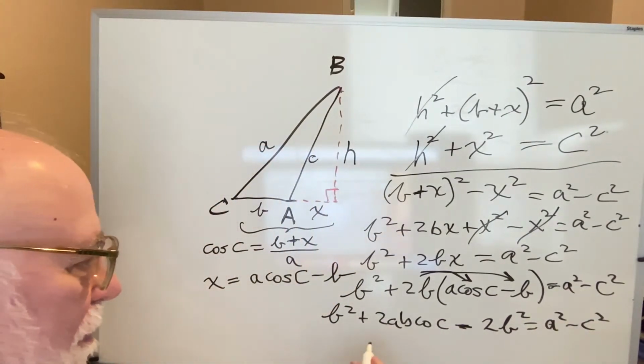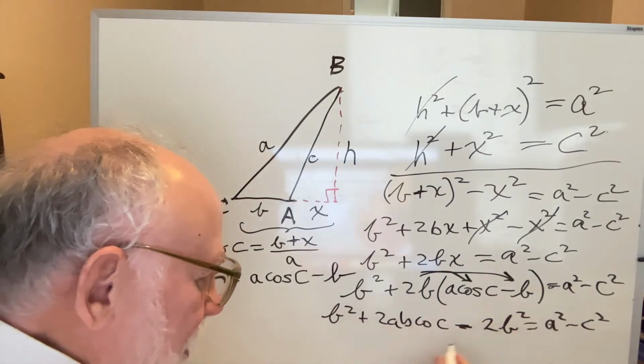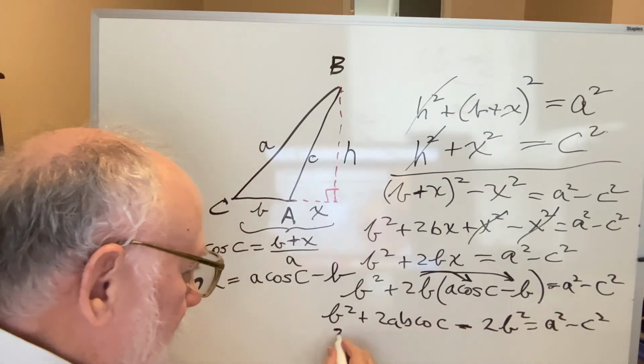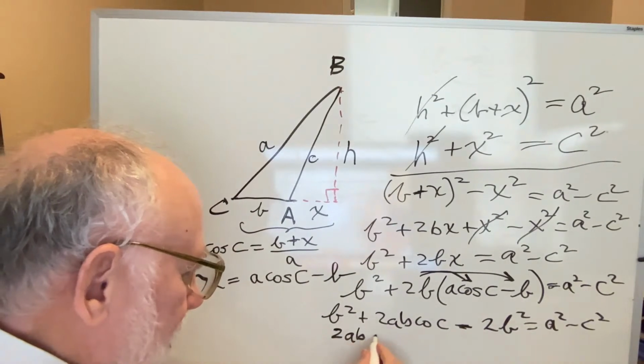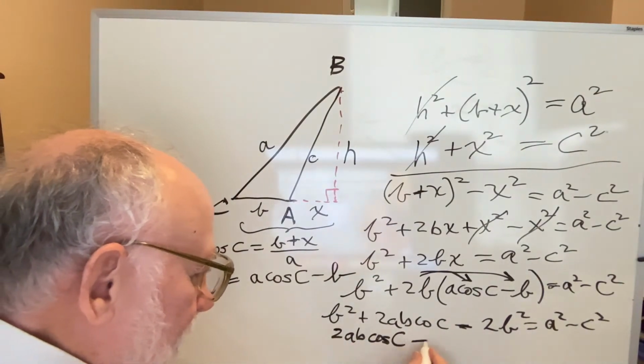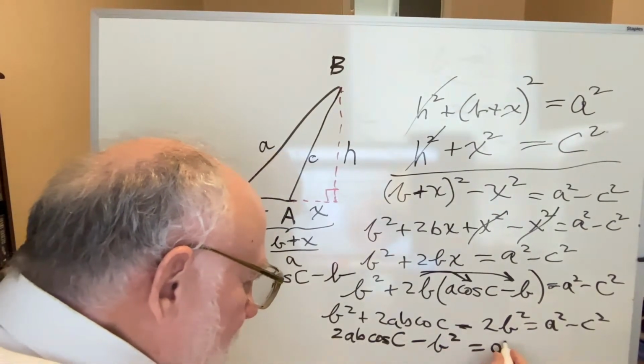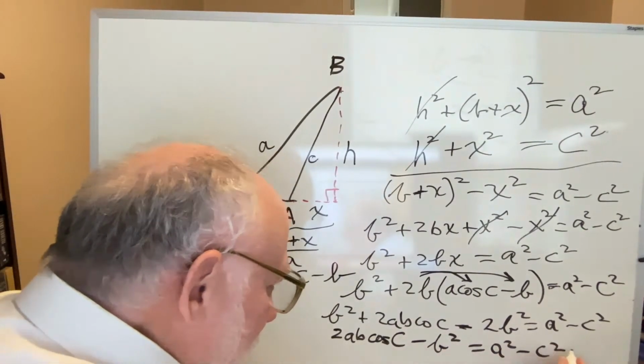But now this is b squared and minus 2b squared. You get 2ab cosine c minus b squared equals a squared minus c squared.